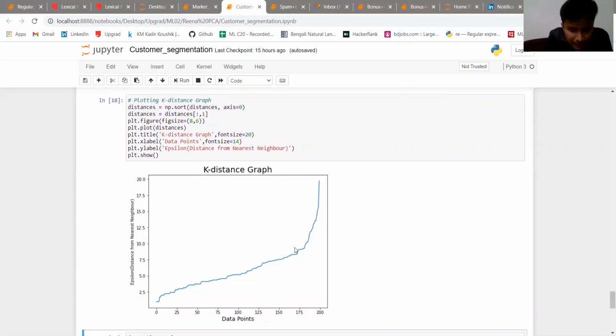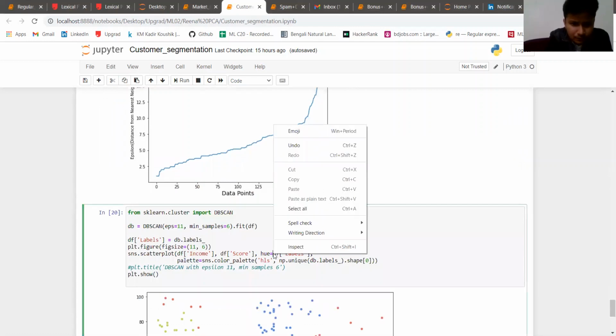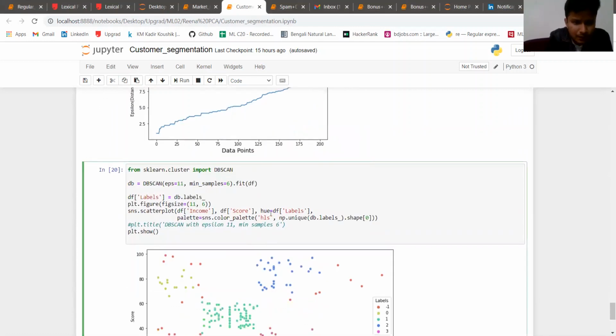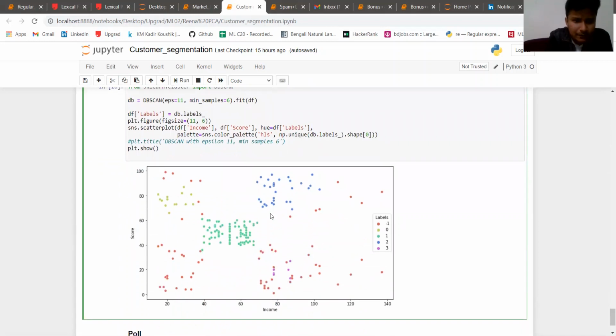This is somewhere we will be choosing our epsilon value. So let's start with 11 as epsilon. After taking 11 as epsilon, this is the cluster we get.